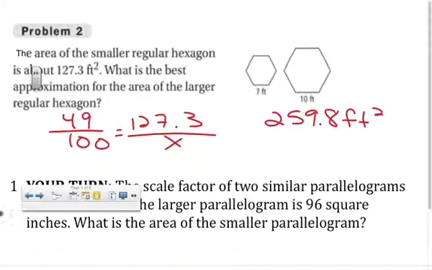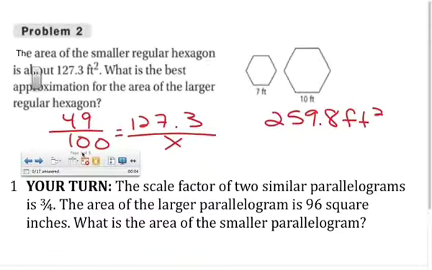Your turn. This problem is a Centillo question, so please work through that. And when you have found the area of the smaller parallelogram, please type it into your Centillo. That's it.